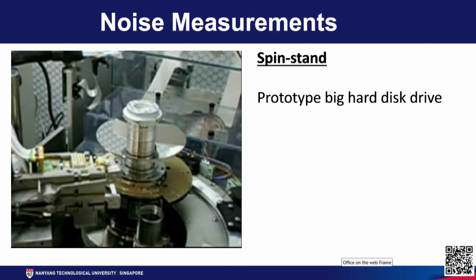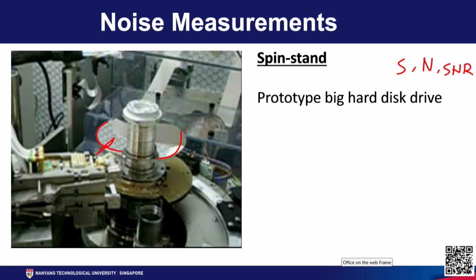So, we have to measure the signal, we have to measure the noise, we can measure SNR. For all these things we use a device called a spin stand. In this spin stand we have a motor that rotates. So, we place the disc, this is the disc you see here, and on the disc we can bring the read write head. This read head write head will write information and read information.